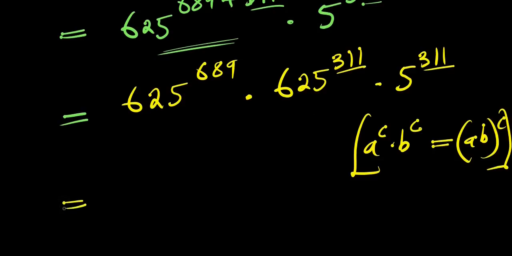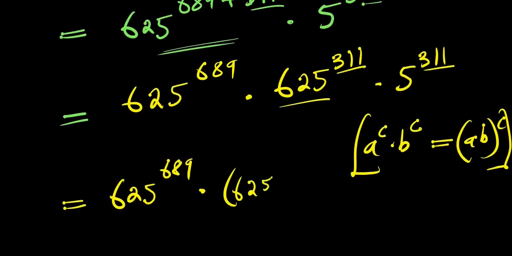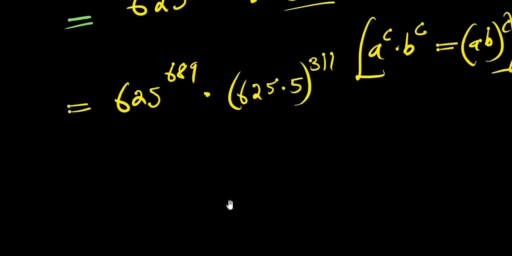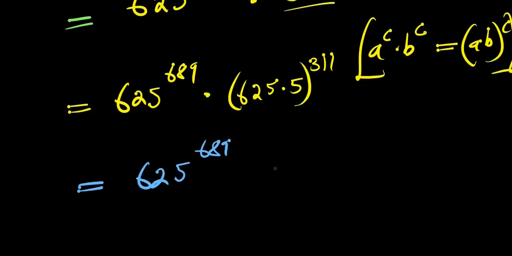So we have this equals 625 to the power of 689, then we have times 625 times 5 to the power of 311. So finally, this will give us 625 to the power of 689, then we have times 625 times 5, which is 3125, to the power of 311.